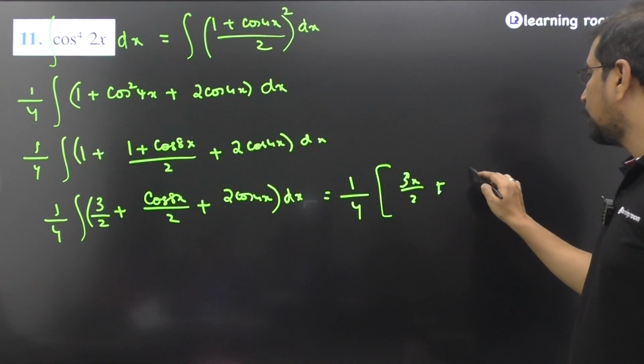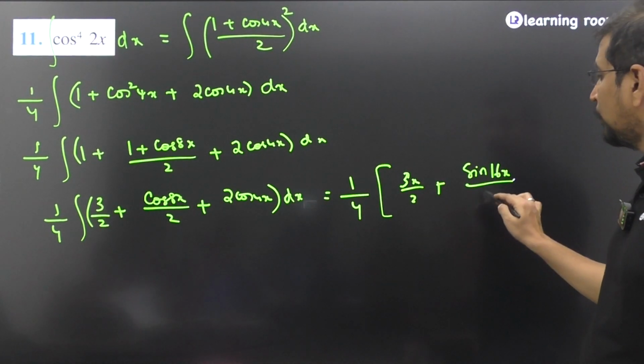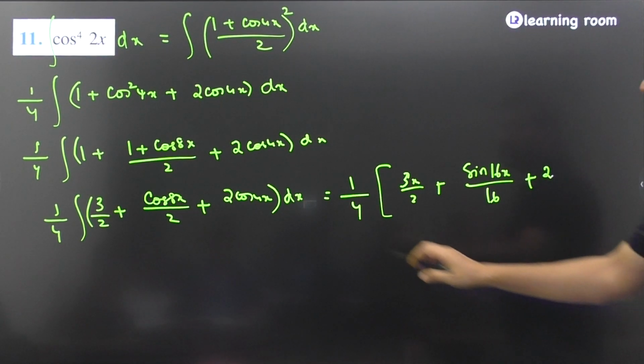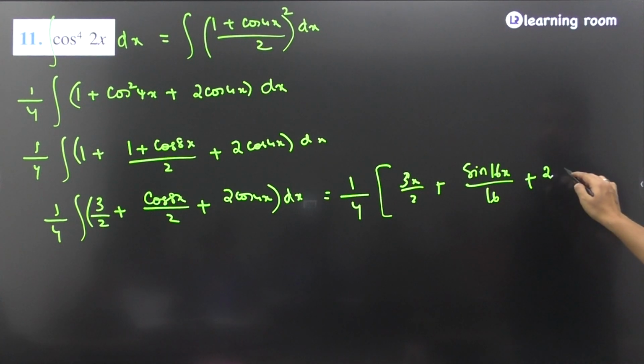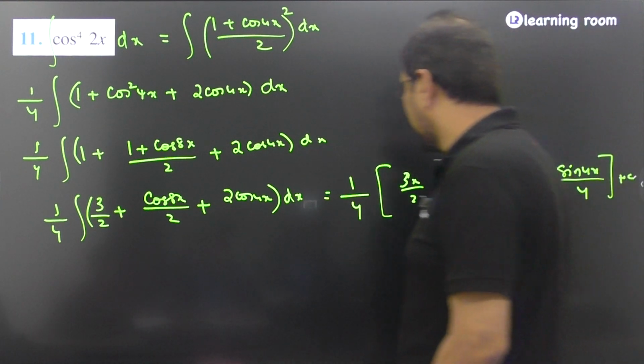Integral of cos 8x by 2 is going to be sin 16x divided by 8. 8 into 2 is going to be 16, plus 2 times integral of cos 4x, which will be sin 4x divided by 4, plus c. Okay.